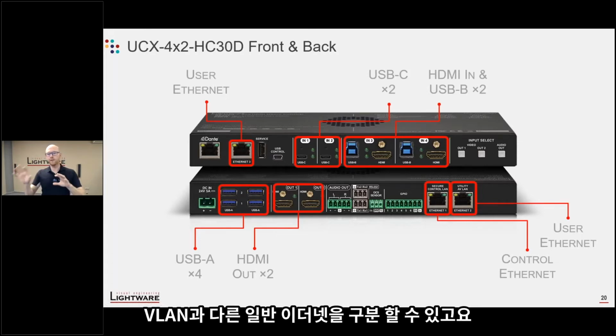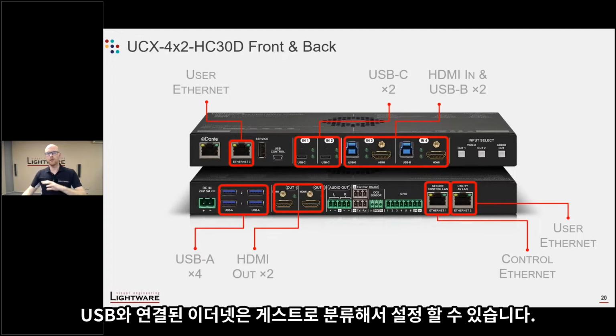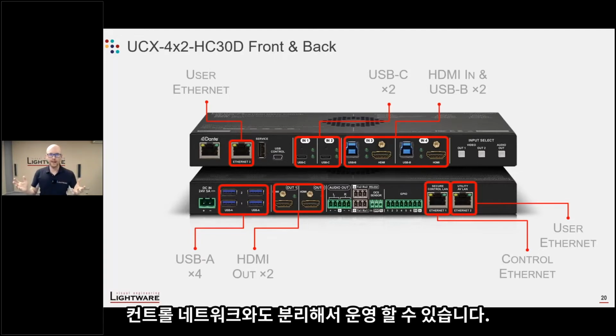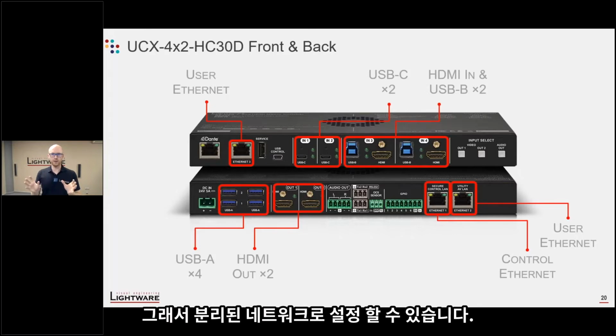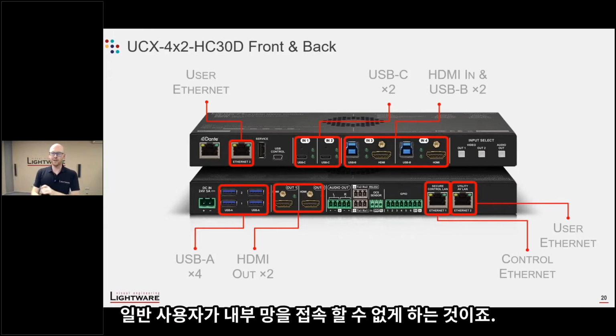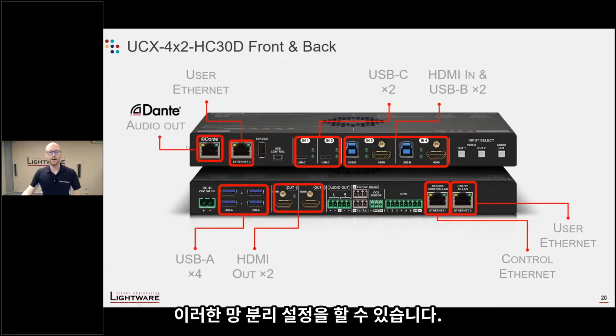So you will be able to define VLANs and separate the USB-C ports, and you can define those as guest Ethernet network and separate it from the control network. So those are coming. You don't need to worry about your guests accessing all your devices on the control network. You can, of course, separate them.